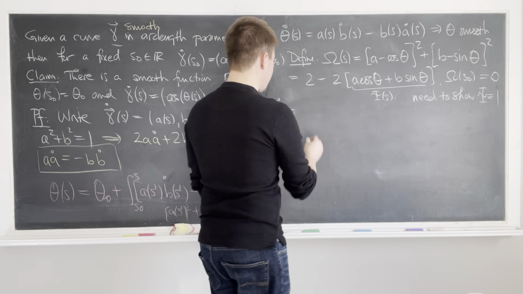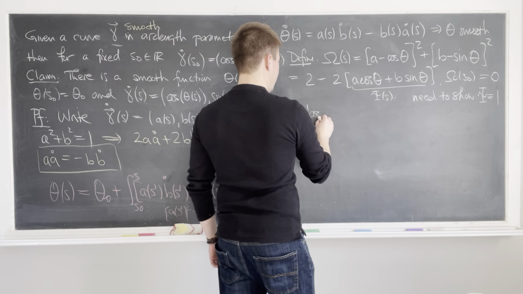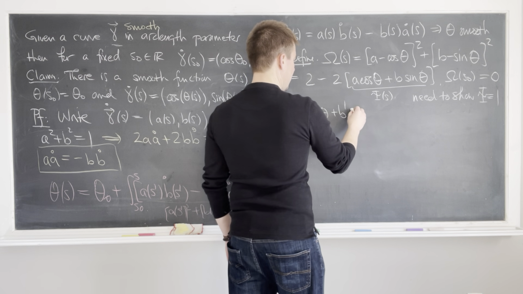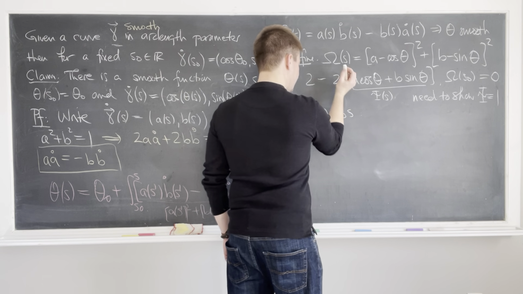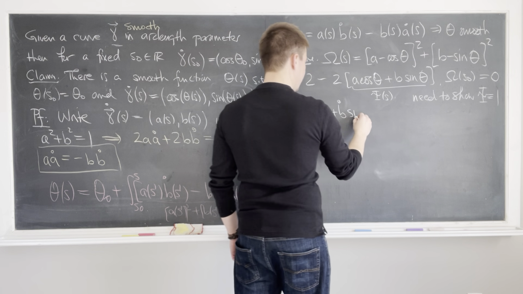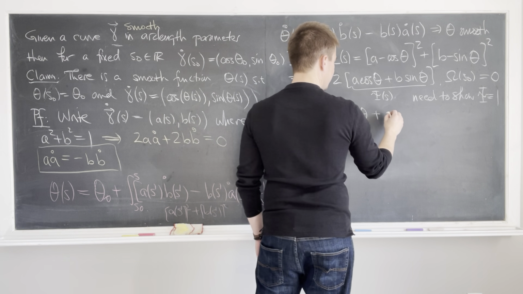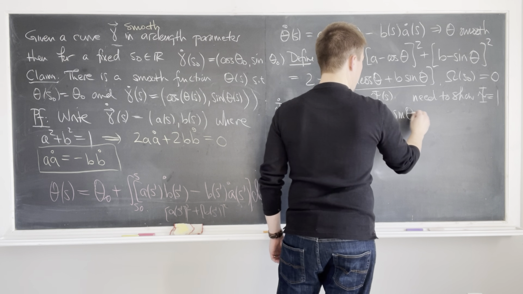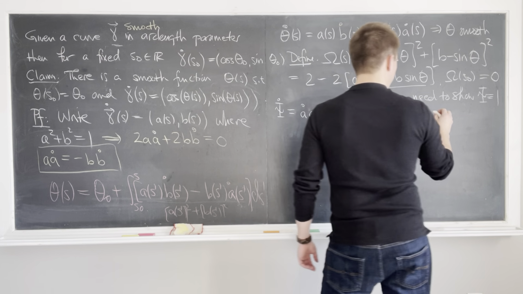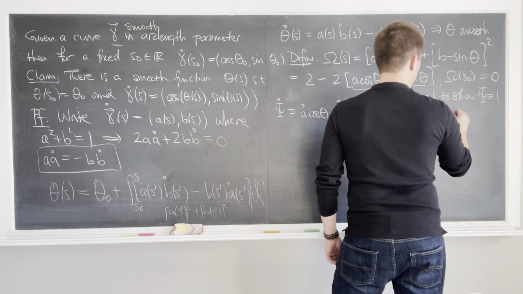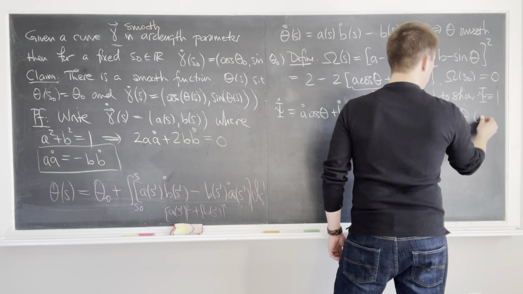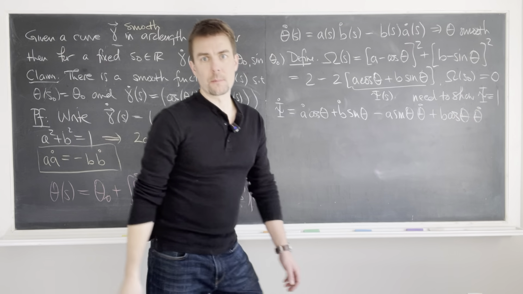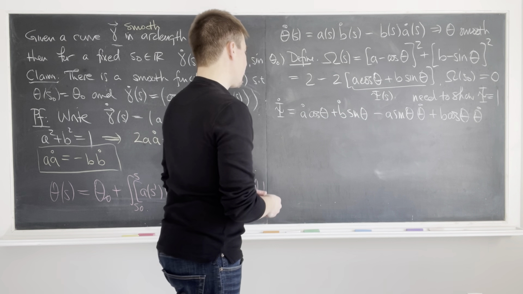Psi dot is going to be a dot cosine theta plus b dot sine theta, or I'm putting primes and dots here, plus minus a sine theta, theta dot, and then plus b cosine theta, theta dot. Beautiful, okay? And so now I have to fill in what theta dot is.